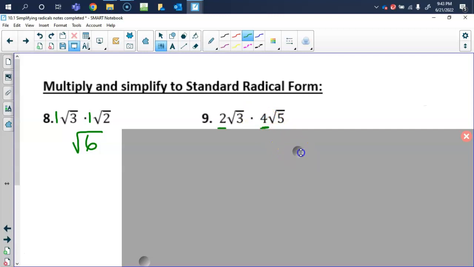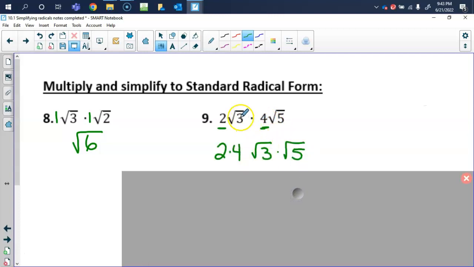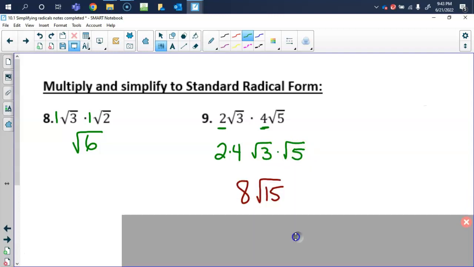And then I'm going to multiply the inside, the 3 times the 5. So if I rewrite it, I got my 2 times my 4, my square root of 3 times my square root of 5. There's no pair here. These are numbers that are the smallest they can go. So I'm going to get 8 times the square root of 15. Okay?